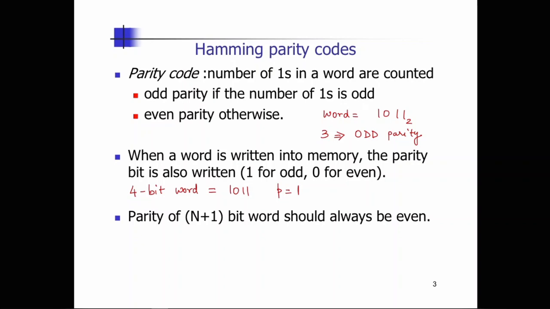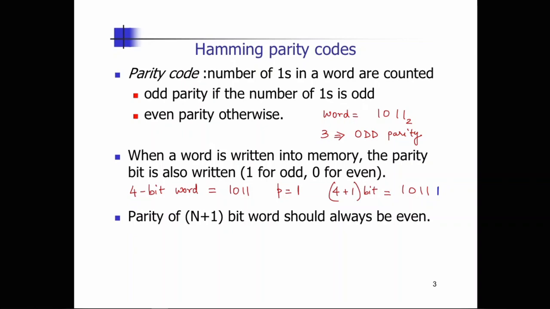So what we'll write is not just the 4-bit word; instead we will write the complete 4 plus 1 bit word. That is going to be 1011, and we can pad that parity bit at the end.